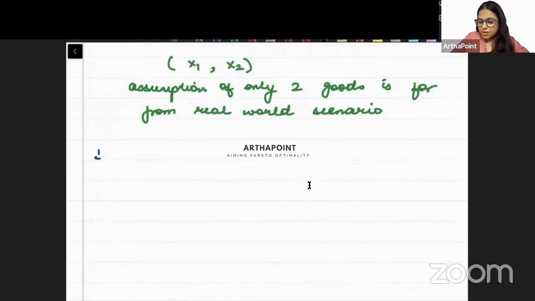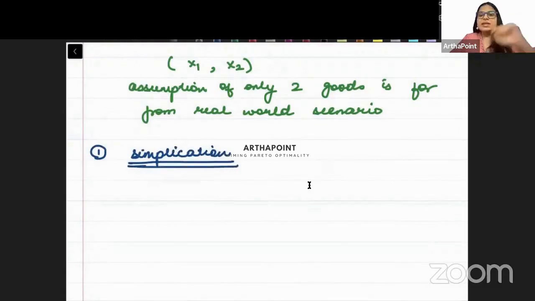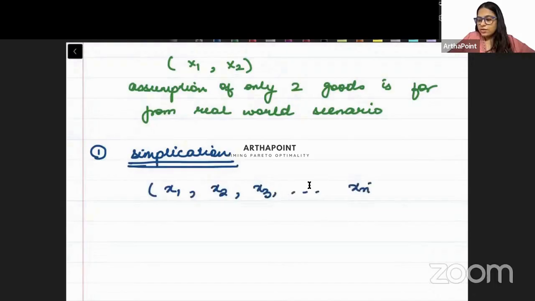First of all beta, we do this for the purpose of simplification. हमारा मकसद क्या है? हम मल्टीपल गुड्स के साथ भी डील कर सकते हैं. We can deal with n goods consumption bundle also: good 1, good 2, good 3 till good n.